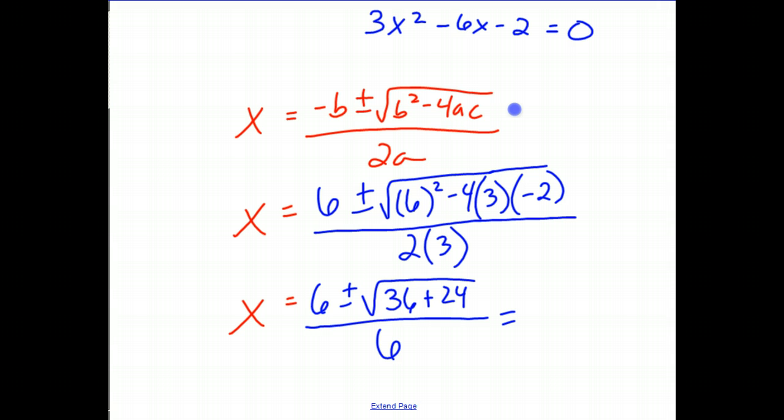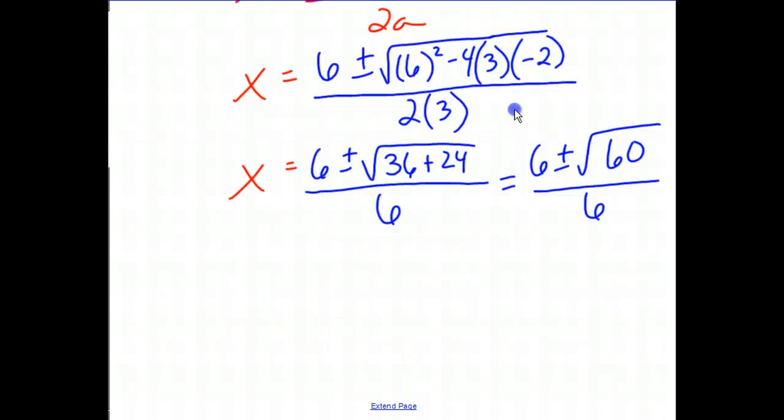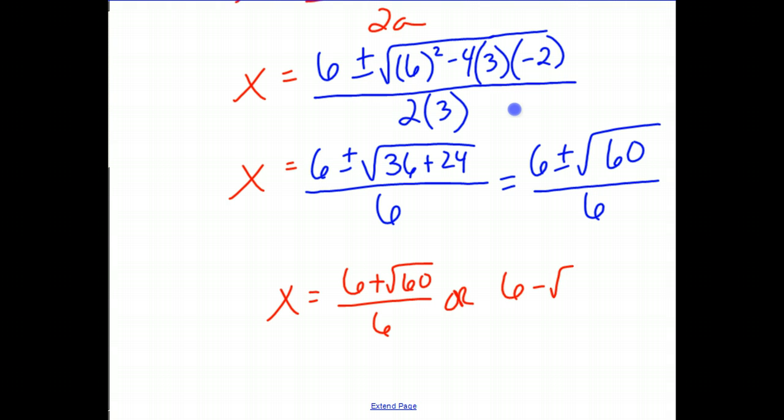Continuing to simplify here, I have 6 plus or minus the square root of 36 and 24, all over our 6. So there, again, 60 is not going to give us an even square root, so we can leave it as is. And we have our answers of x equals 6 plus the square root of 60 over 6, or 6 minus the square root of 60 over 6.